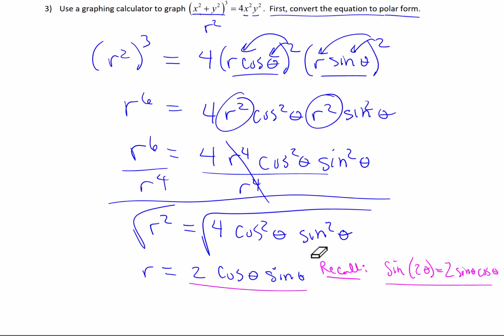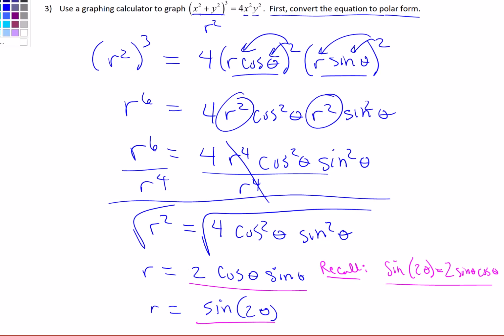I think we wrote it as sine, cosine. This is cosine, sine in terms of the order, but that's not a big deal. That doesn't change anything. So we'll write this as really r equals sine of 2 theta, just using that direct identity replacement here with where we were.